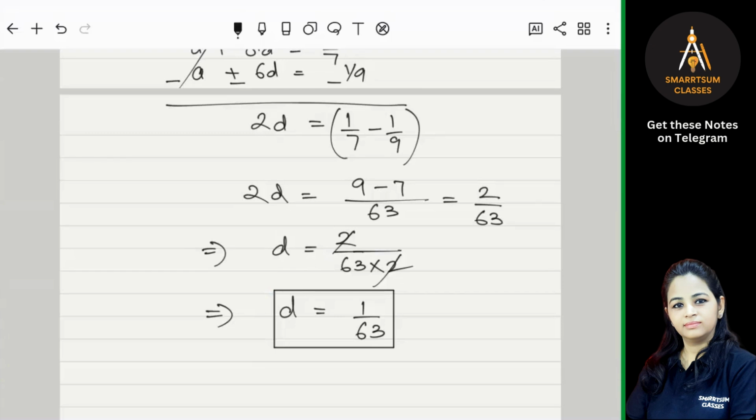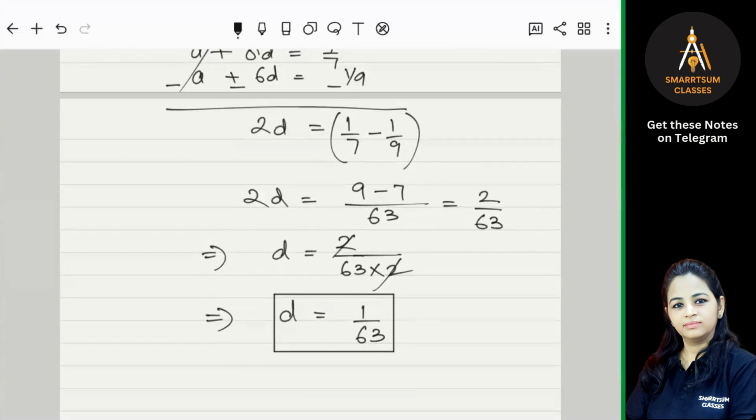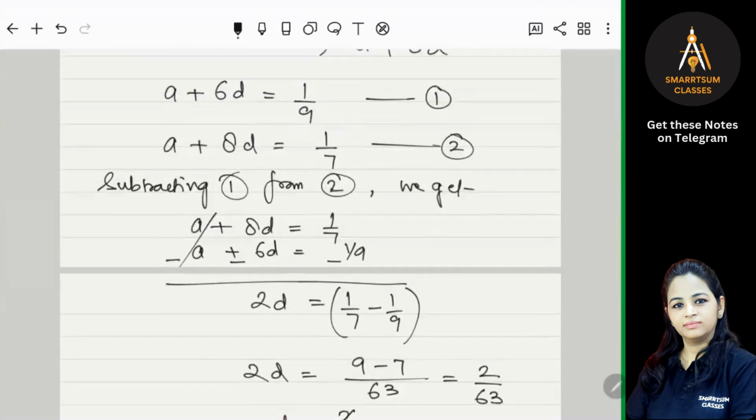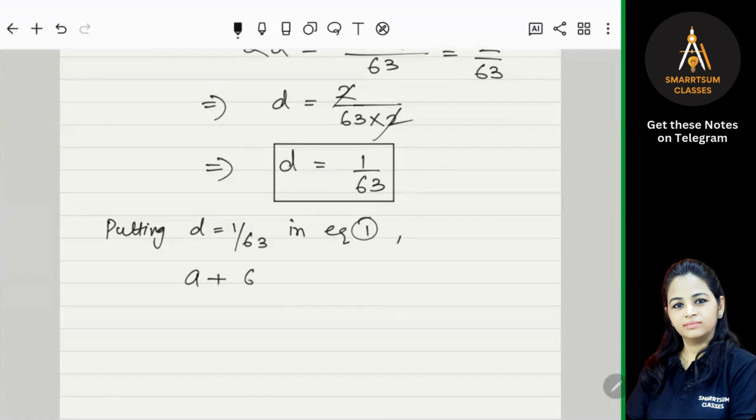Now, since we got the value of D, we can easily find the value of A by putting the value of D in any of the equations, right? So write down, putting D is equal to 1 by 63 in, suppose, equation number 1. What is our equation number 1? A plus 6D is equal to 1 by 9. A plus 6 into 1 by 63 is equal to 1 by 9.